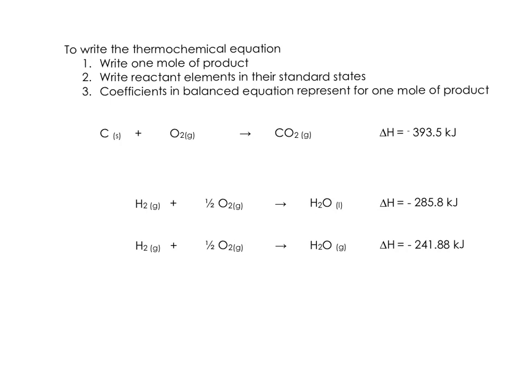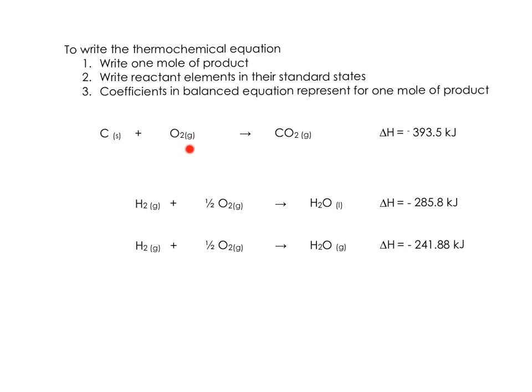So the first thing you have to do is you write out your 1 mole of product. So I've got that here, CO2, and write out the reactants in their standard state. So carbon and oxygen make up carbon dioxide. So carbon in its standard state is a solid. Oxygen exists as O2.